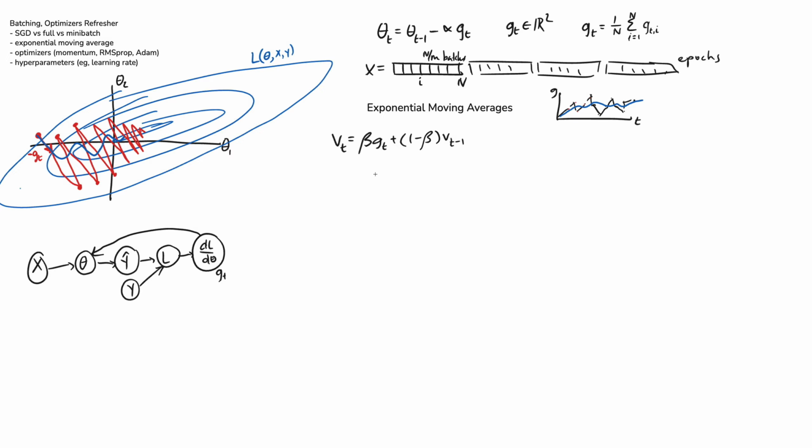Just to talk through this a little bit, I don't want to get too deep into this, but why is it called an exponential moving average? If we break some of this out and expand it, this is going to be equal to beta g t minus 1, which is the actual observed value at the last time step, plus 1 minus beta v t minus 2. So we can just plug that in here.